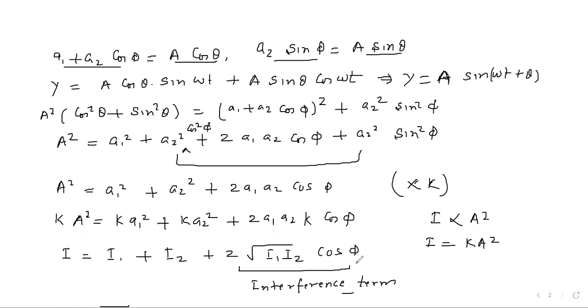On the basis of this term, it will be decided whether there is constructive or destructive interference. Now we are going to consider the conditions for constructive and destructive interference. So the decisive factor is cos phi. When cos phi is plus 1, it will be constructive, and when cos phi is minus 1, it will be destructive. So let's write it.